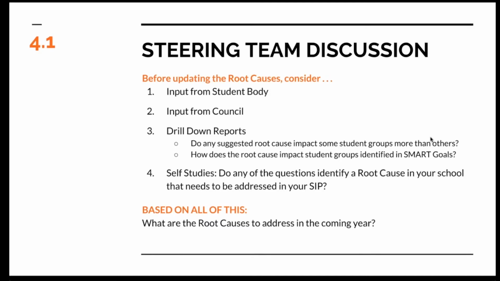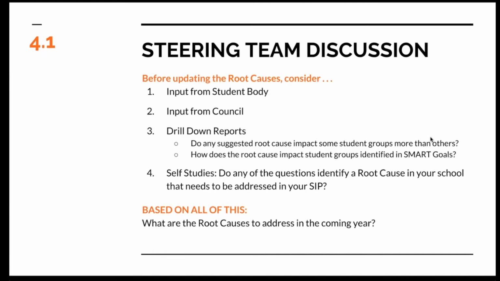And how does the root cause impact student groups identified in the SMART goals? Connect those dots like you've never connected dots before. If they're not absolutely matching up, you're not going to get what you want. So don't try to make something fit.